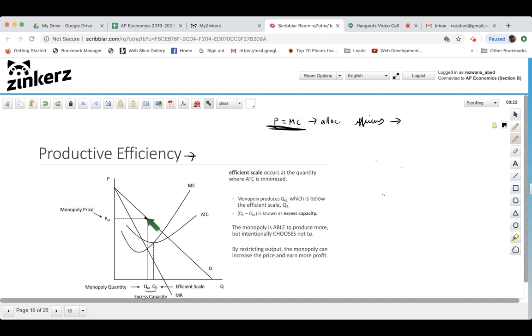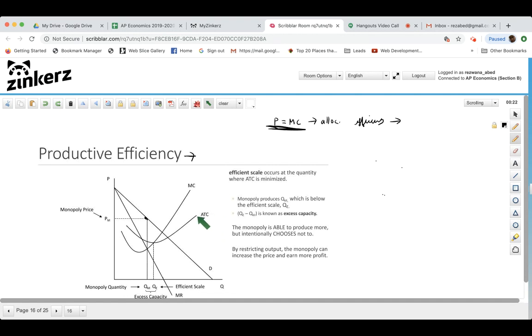So this is the price that they're going to charge. They don't charge a price right where marginal revenue is equal to marginal cost, but they find the price by going all the way up to the demand curve and setting it where the maximum willingness to pay for this QM is. So this is PM. This is the price that they're going to charge.